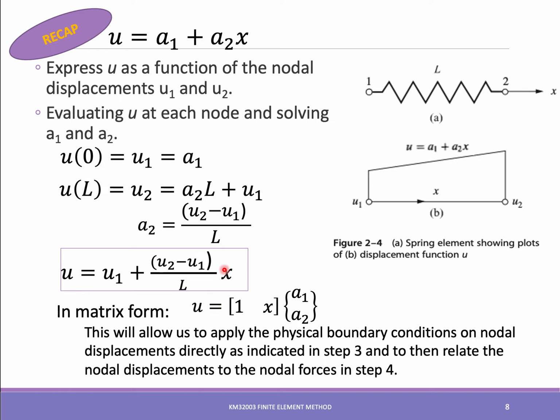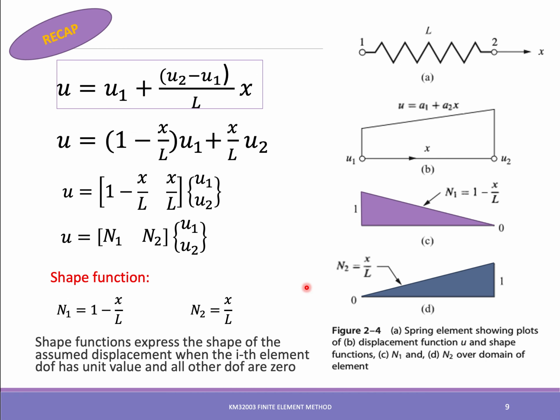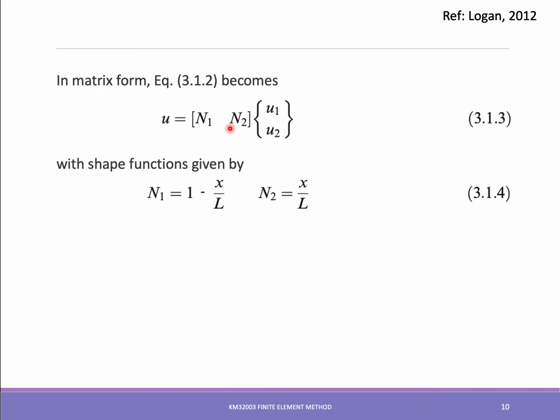And if you re-express this in matrix form, you again get the shape functions given by 1 minus x over L and x over L. Since the displacement function is the same for the bar as for the spring, you would expect the same shape functions for the bar. So it's basically the same equations.